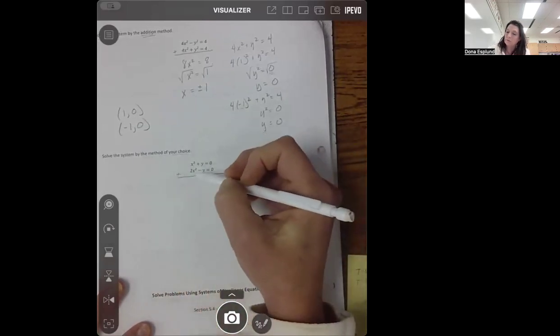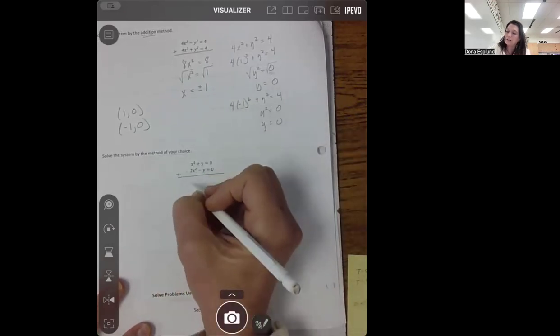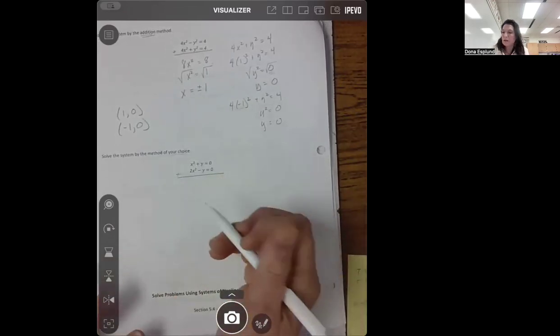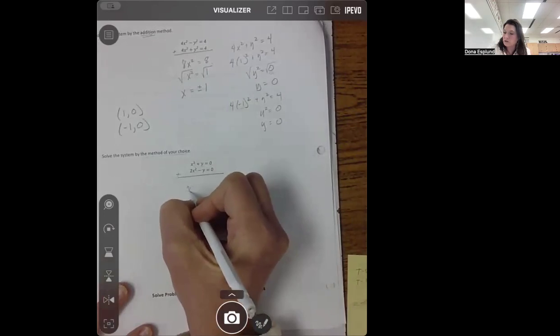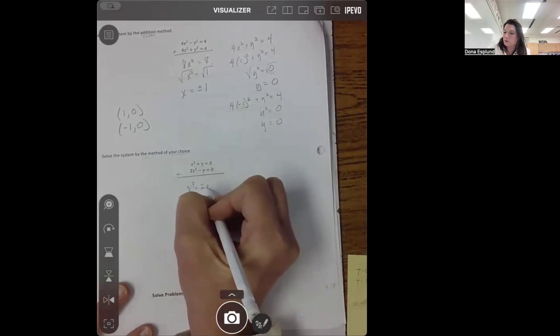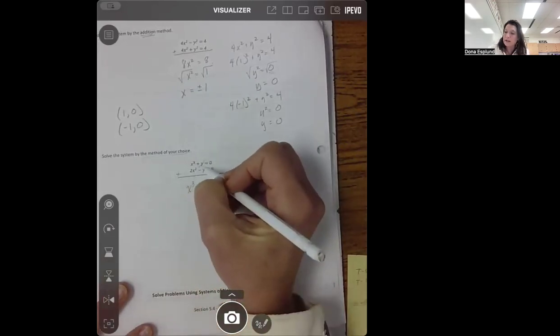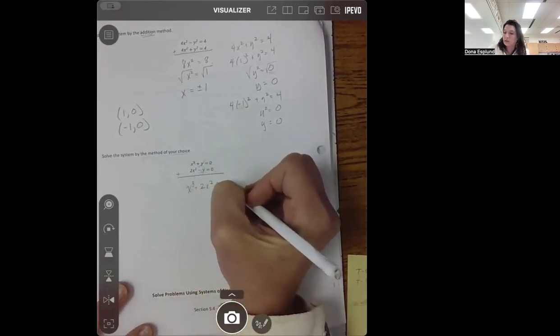I've got to be careful because x to the third plus 2x squared, I can't just say that that's going to be 3x to the third. They're not like terms. So I've got to write it as x to the third plus 2x squared. My y's do cancel out, and then I go 0 plus 0.